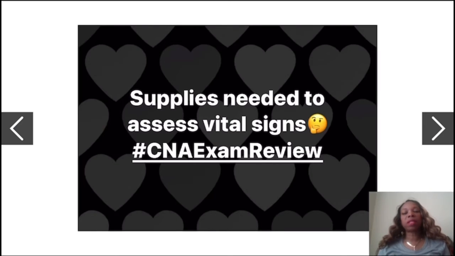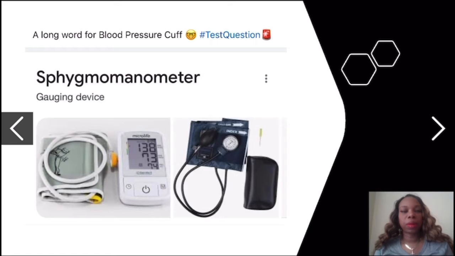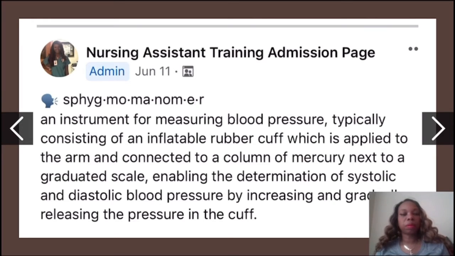We're going to talk about supplies needed to assess vital signs. Sphygmomanometer is a long word for blood pressure cuff. This word has been seen on the state exam. What is a sphygmomanometer?